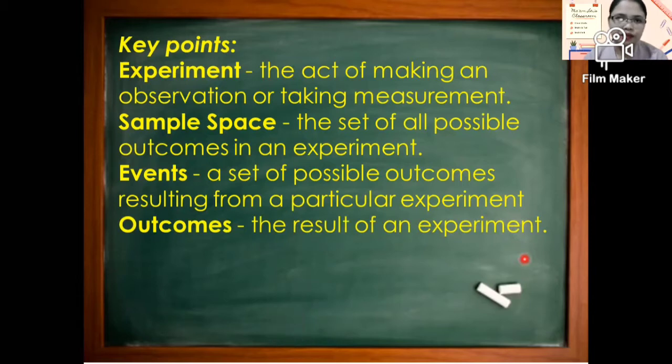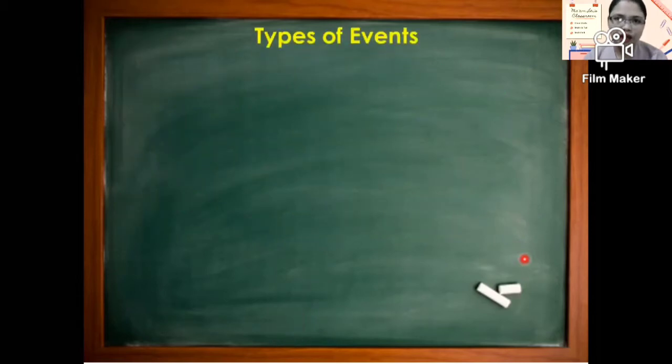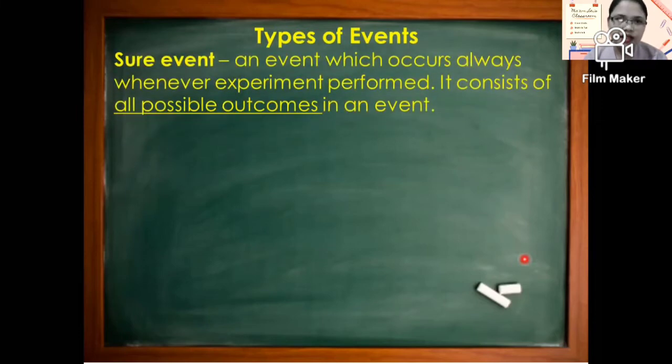Okay. So let's have now the types of events. So the first type of event is sure event. When we say sure event, an event which occurs always whenever experiment performed, it consists of all possible outcomes in an event. Okay, so that is very clear. Pag sabi pong sure event, all possible outcomes, lahat ng possible outcomes, yun po ay tinatawag na sure event.